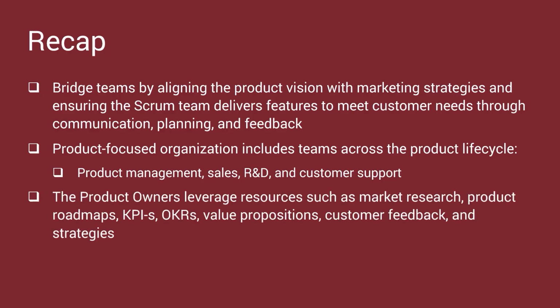The product owners can use resources such as market research, product roadmaps, KPIs, OKRs, value propositions, customer feedback, and strategies to guide backlog prioritization and sprint planning while ensuring all stakeholders stay informed about goals and deliverables.